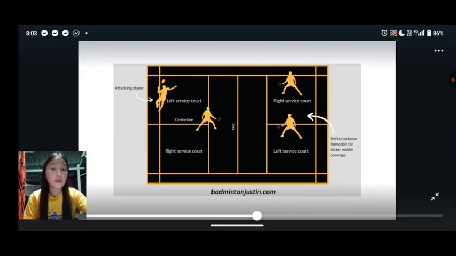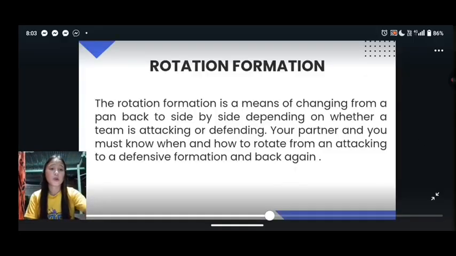So the attacking player is on the left service court, then the other, in the shifted defense formation, is in the right service court.